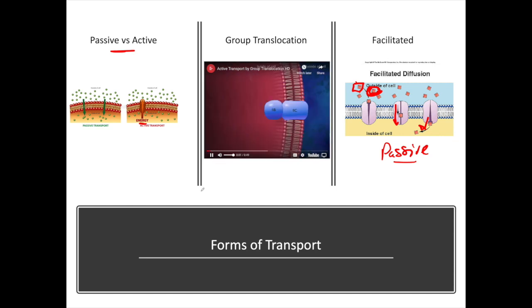Group translocation is a process in which an organic molecule, such as glucose, is transported into the cell while being chemically modified. The PEP phosphotransferase system is an example of group translocation. In this process, the phosphate from the high-energy compound phosphoenolpyruvate, or PEP, is transferred to HPr by enzyme 1, and the product pyruvate is released.